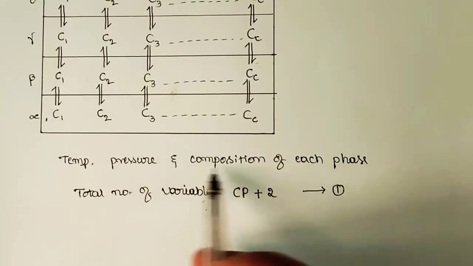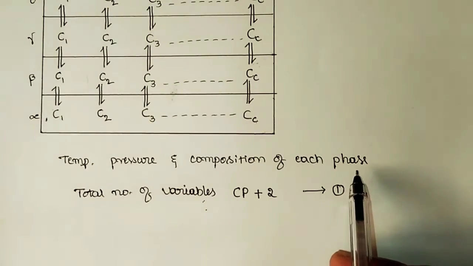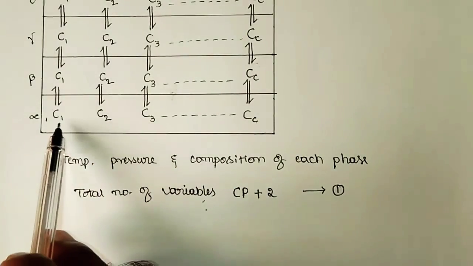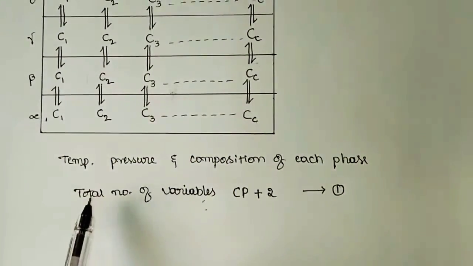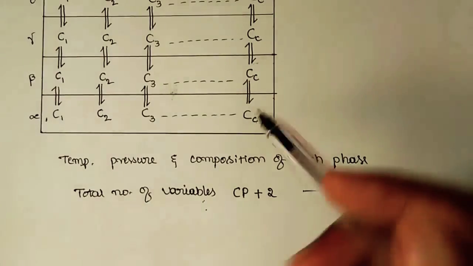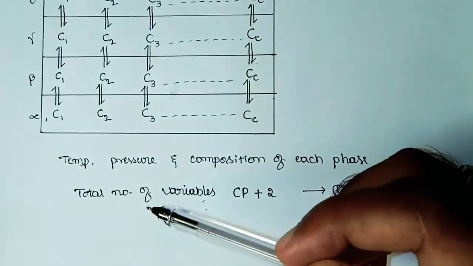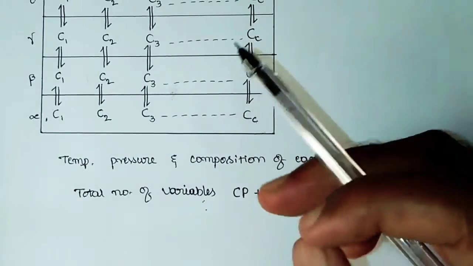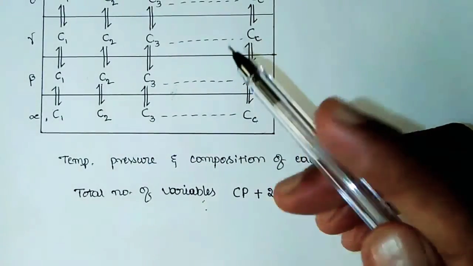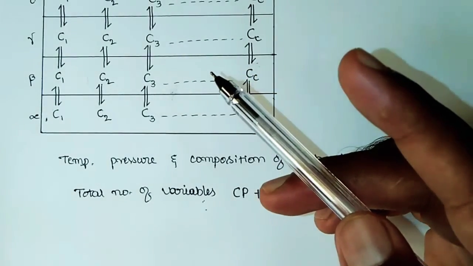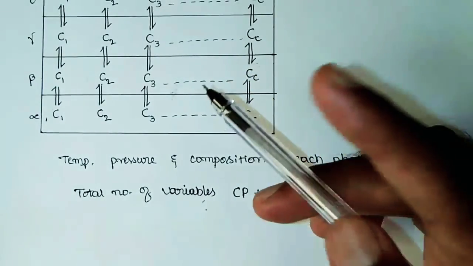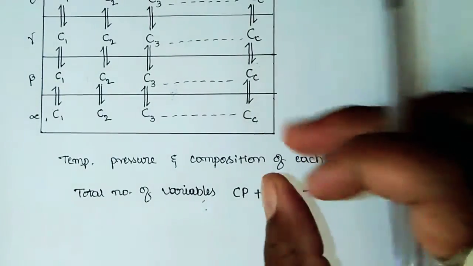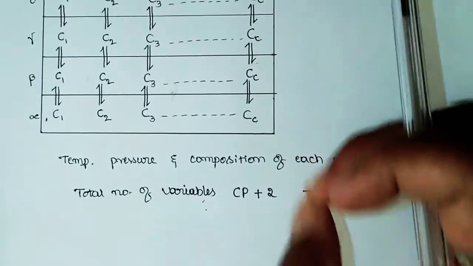Here we said the composition of each phase is supposed to be specified. That means the composition of a particular component in all the phases is to be specified. In this system we have taken a number of components, so the composition of each phase with respect to an individual component will be a very small quantity.